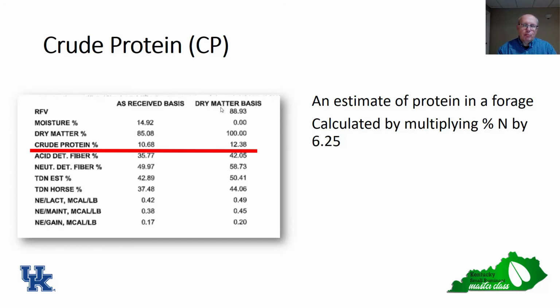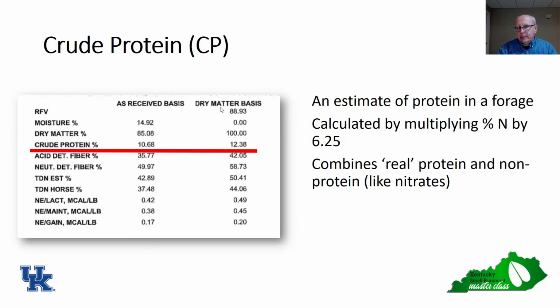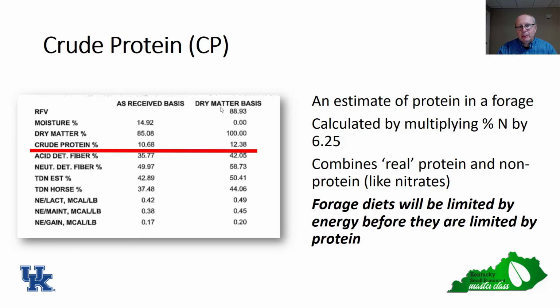We get that factor because that's approximately the proportion of nitrogen to total weight of protein in real protein. Crude protein combines real protein and non-protein nitrogen, like nitrates, in the estimate. Forage diets will be limited by energy before they are limited by protein.